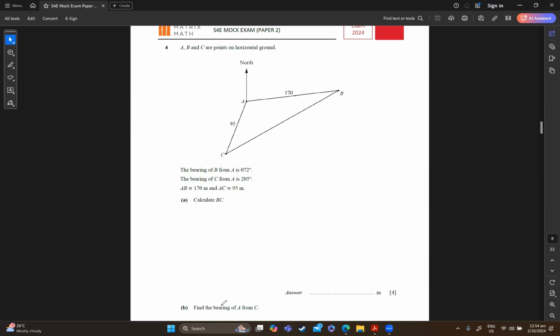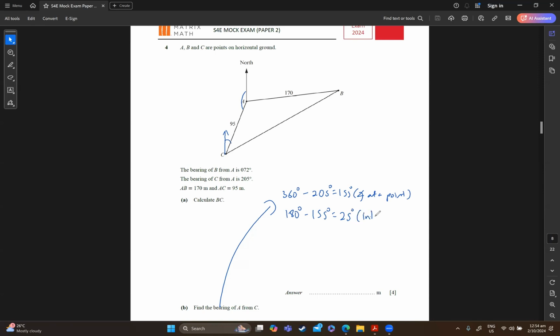Okay, so for part b, write down angles at a point. You must write a reasoning. Then from here to here, just take 180 degrees minus 155 degrees, you get 25 degrees.